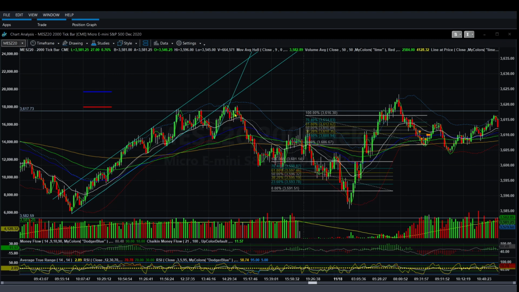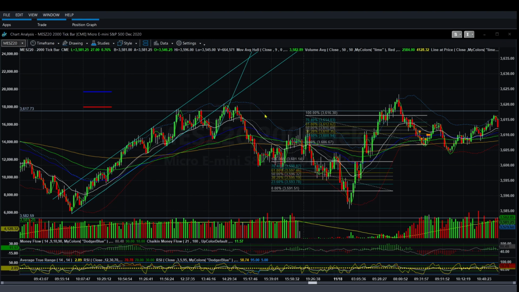And at this point we have a nice bar here. It closes below this resistance level. This is an engulfing bar, very bearish, and it would have been nice if it closed outside the Keltner channel, because that's another confirmation I use.